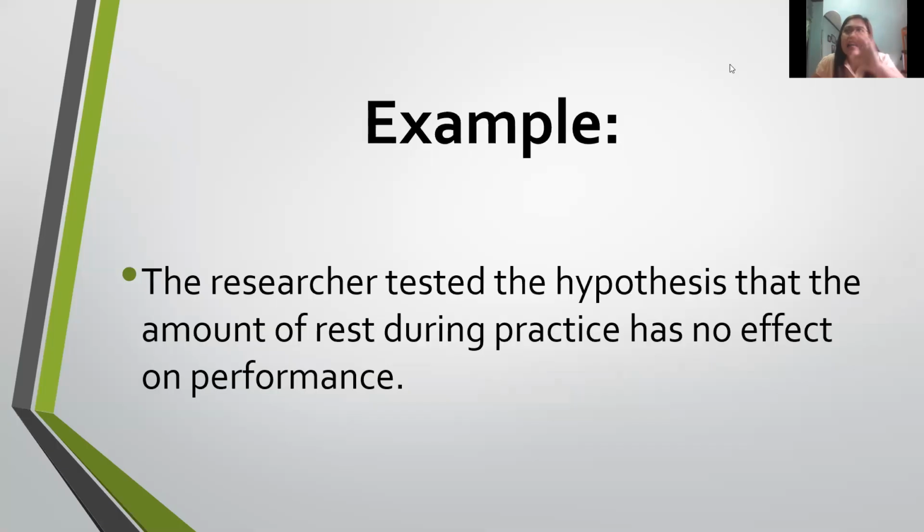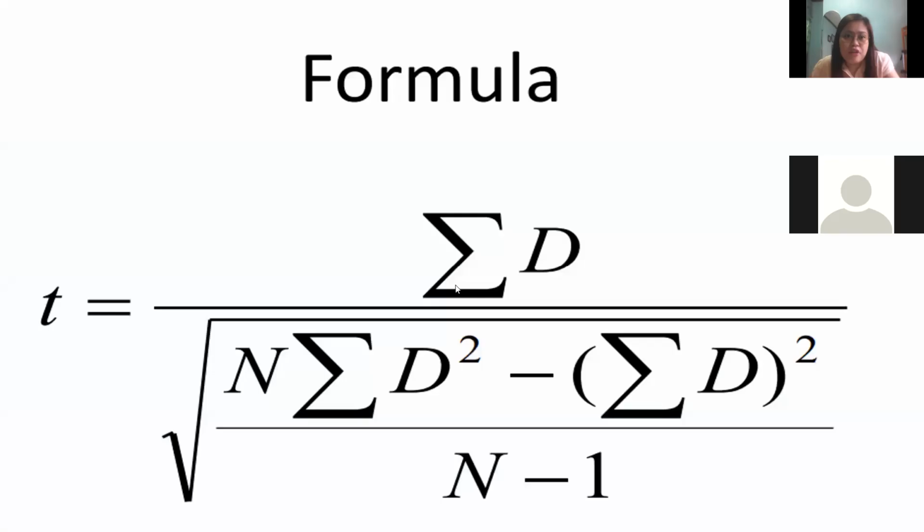So it is the same set of students, but the first group kept practicing with no rest, and then the second group also kept practicing but with rest in between. So we check if there is an effect on their performance.